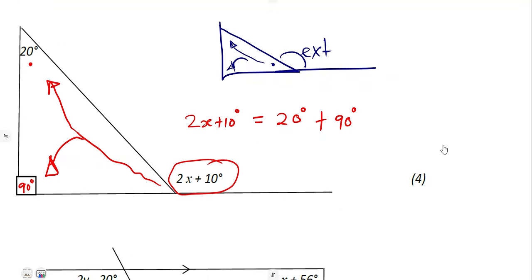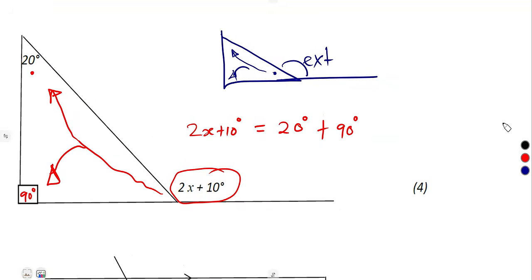We are done. We have formed an equation from there. So that's the condition of an exterior angle equal to the sum of what? The sum of opposite interior angles.